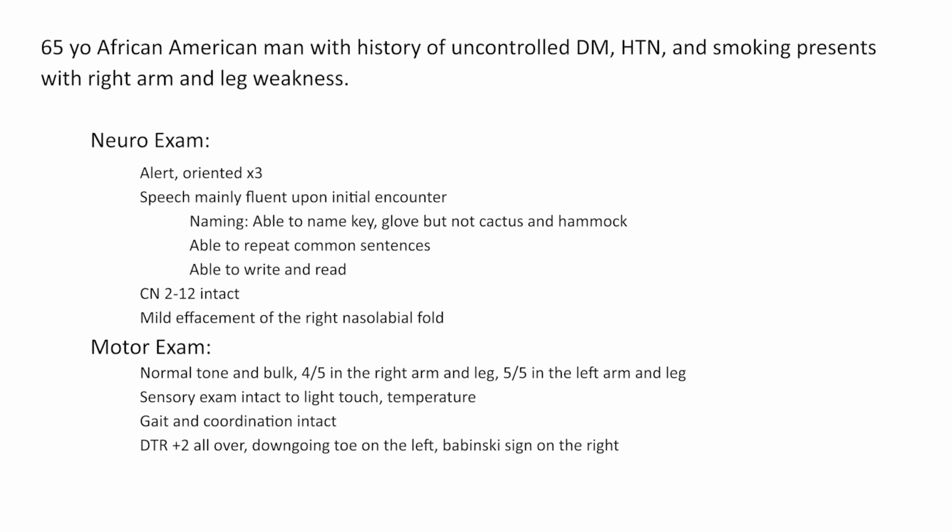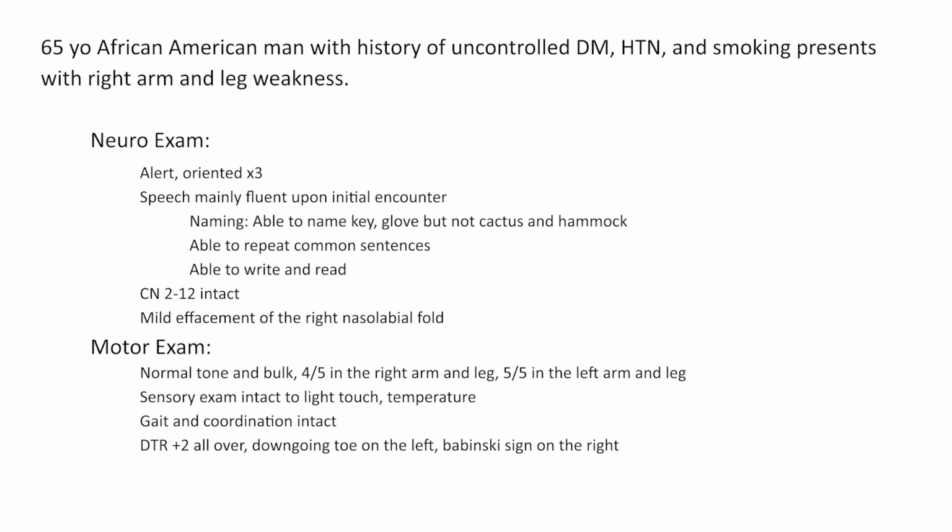However, when you start testing naming, he's able to name a key in a glove, but he's not able to name a cactus in a hammock on the NIH stroke scale. He's able to repeat common sentences. He is able to read and write. His cranial nerves are grossly intact. He does have mild effacement of the right nasolabial fold. His motor examination shows that he has normal tone and bulk.